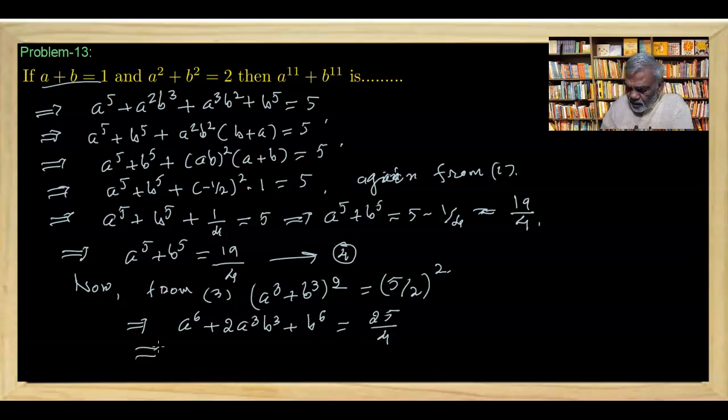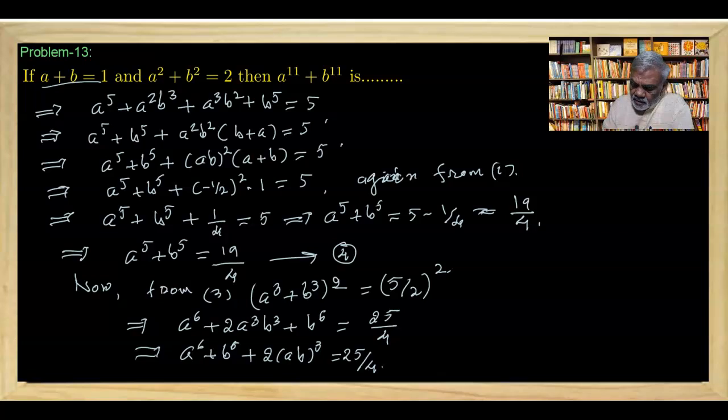And this implies a raised to 6 plus b raised to 6 plus 2 into (ab) raised to 3 is equal to 25 by 4.